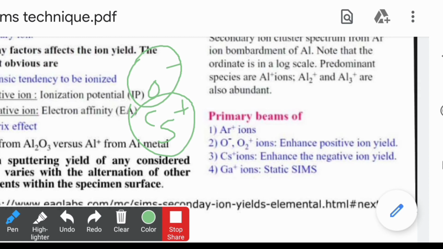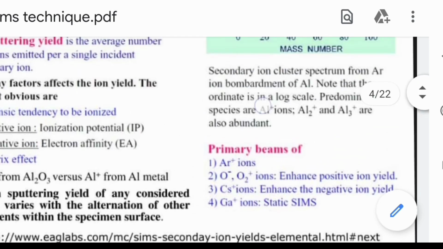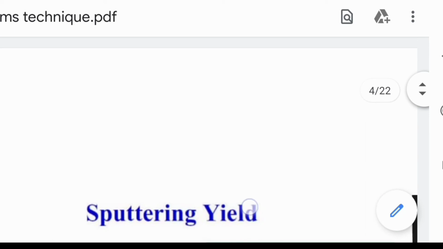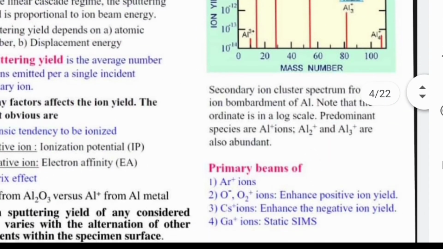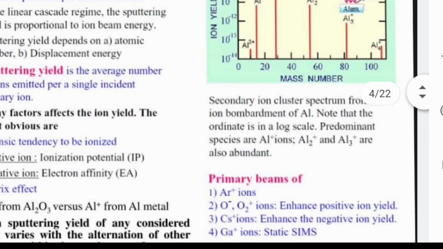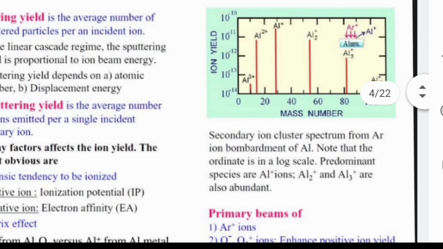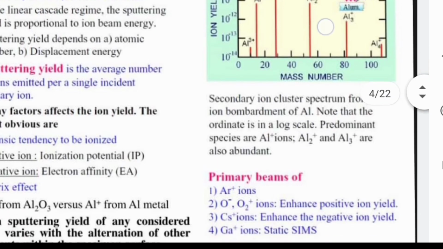The ion sputtering yield of any element varies with the other components within the specimen surface. So what other elements are present in the solid also decides the sputtering yield. Here is the example of aluminum, which might be in various oxidation states, and how the intensity varies is given in this mass spectrogram.